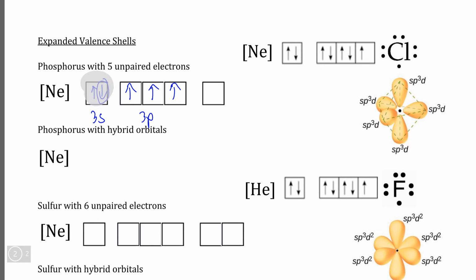in its 3s subshell such that it is no longer paired and jump that electron up to an empty orbital in its 3d subshell. However, again, we need to reconcile with the Aufbau principle because normally we can't fill the 3d subshell unless every orbital below it is already full.